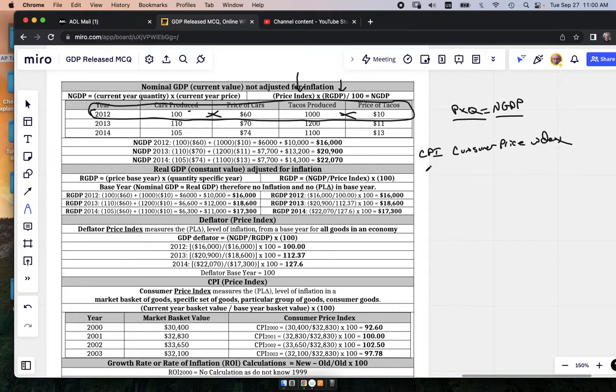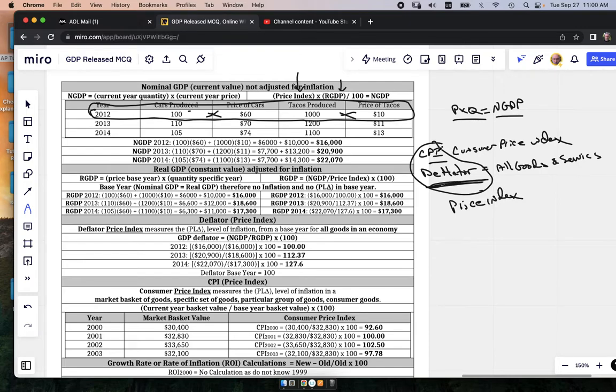Now, the other measure of inflation we have is called the deflator. This involves all goods and services in the economy. So two different definitions, but both of these things are what we call price indexes. They're just measures of inflation, right? This is just a measure of inflation. This is a broader measure of inflation.